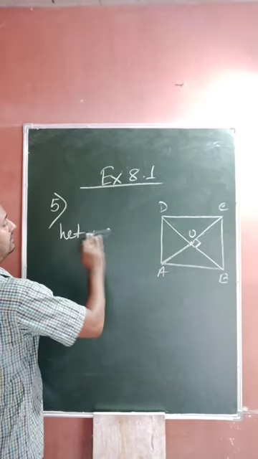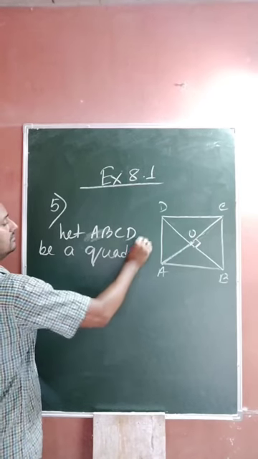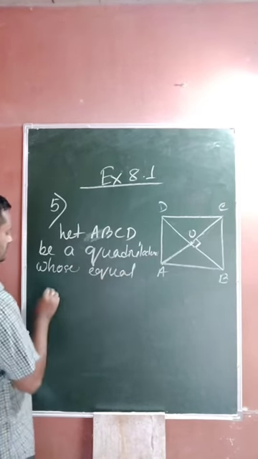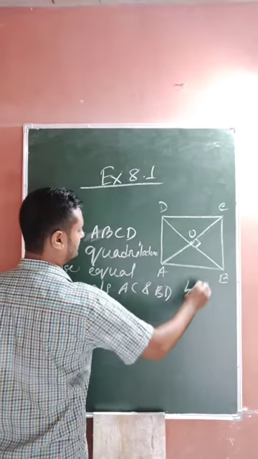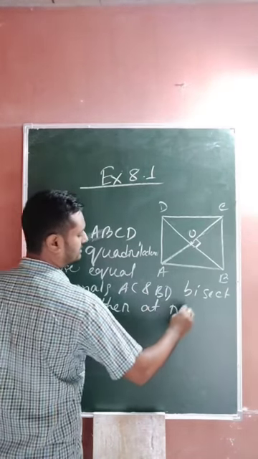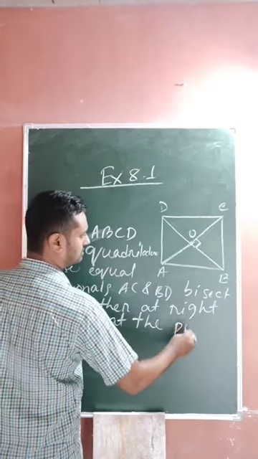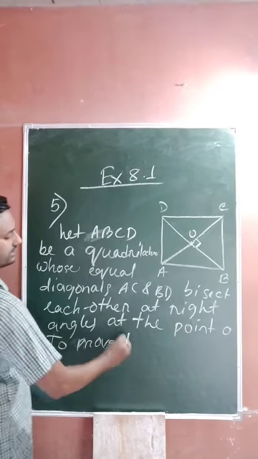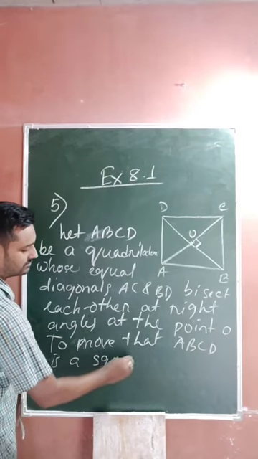So let ABCD be a quadrilateral whose equal diagonals AC and BD bisect each other at right angles at the point O. To prove that ABCD is a square.